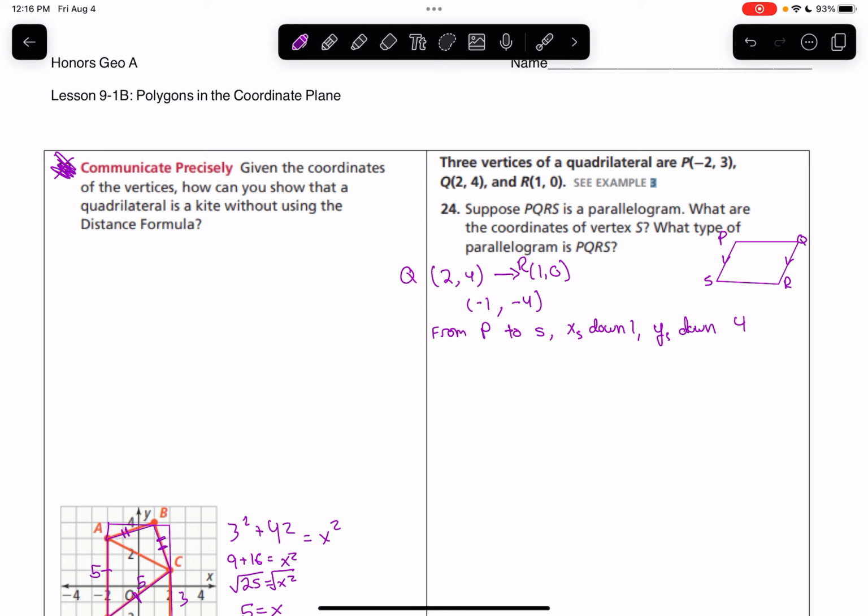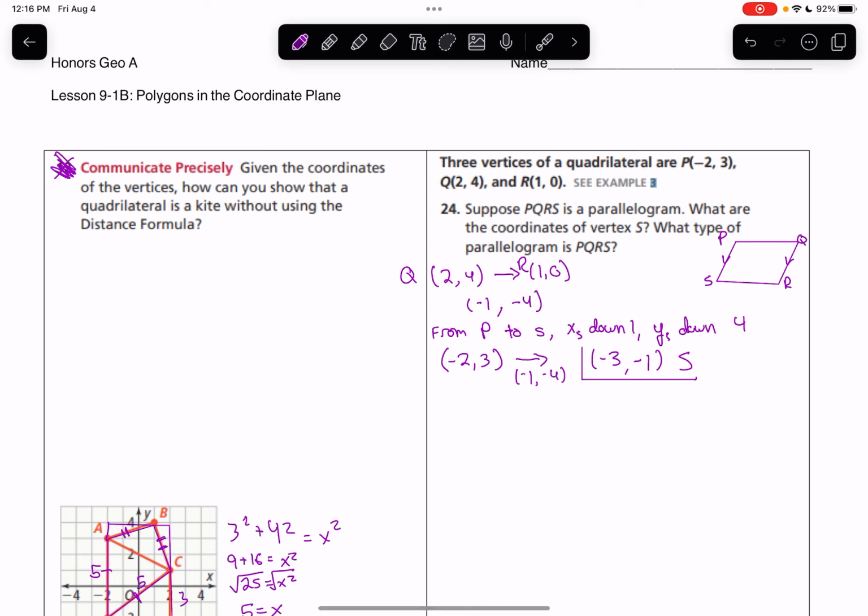So for my P value, I have -2, 3. And I have to go down 1 for the x's, down 4 for the y's. -2 minus 1 is going to be -3. 3 minus 4 is going to be -1. So my S coordinate is going to be -3, -1.